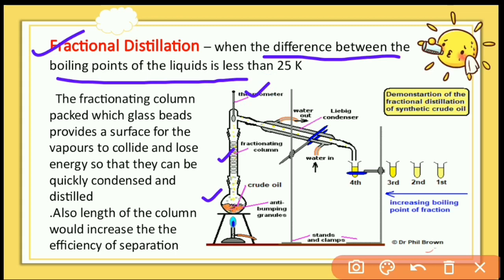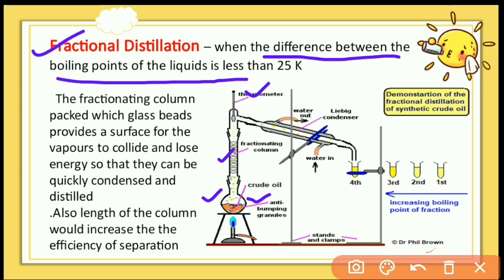Take the mixture having a boiling point difference less than 25 degrees Celsius. Here take a crude oil sample, with different oils having boiling points differing by less than 25 Kelvin. So by fractional distillation we can separate different samples from crude oil.